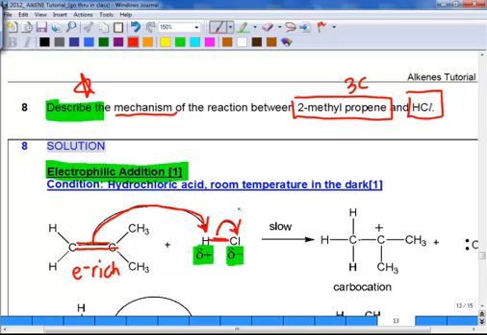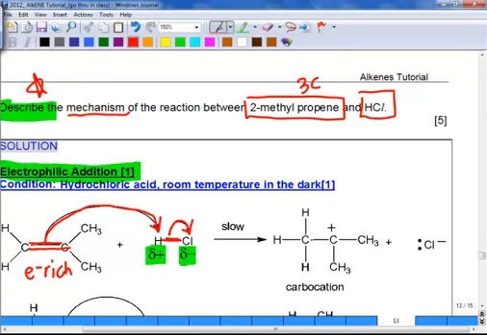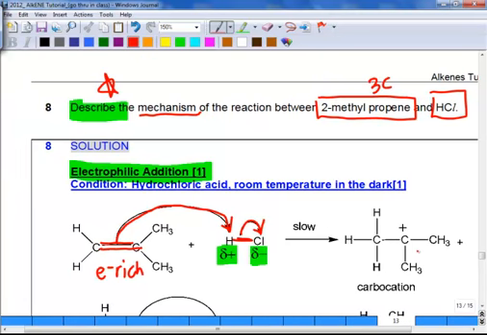Over here, ensure that you label slow. Everybody, why is it slow? Because you are actually breaking what type of bonds? Correct, covalent bond. It's slow because you are breaking covalent bond, which is very strong, so you need a bit of time to break it.